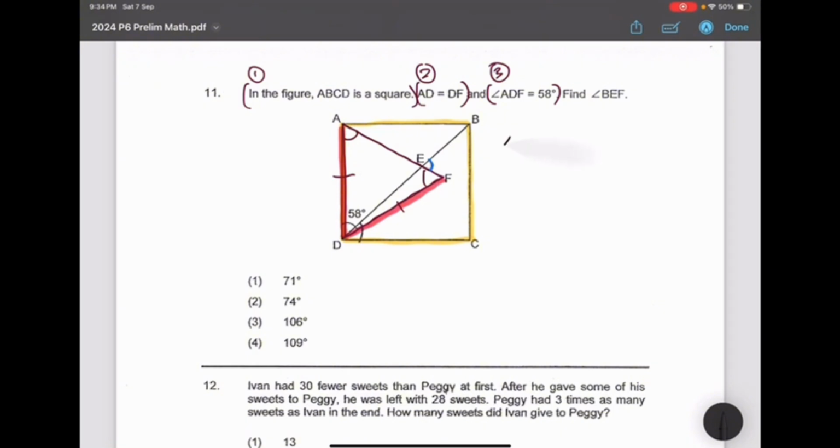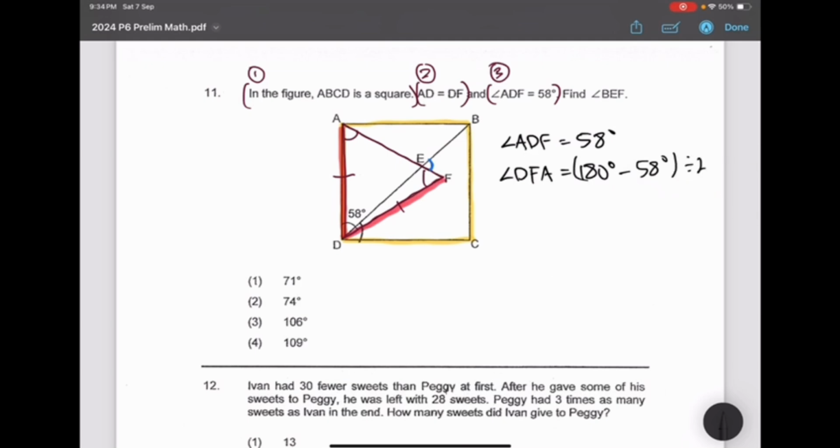If angle ADF equals to 58 degrees, I can find angle DFA by taking 180 degrees minus 58 degrees and dividing the whole thing by 2. Why?